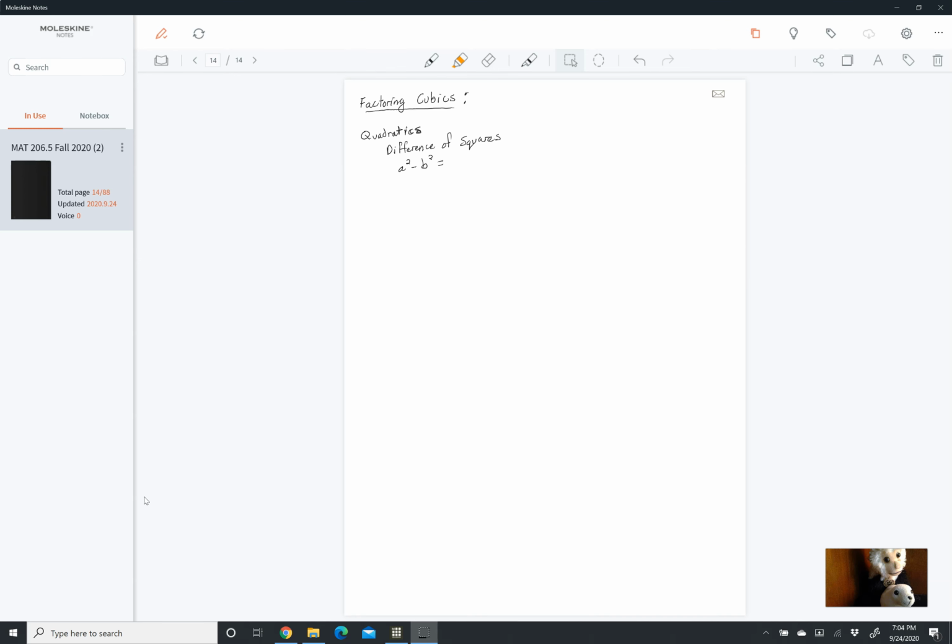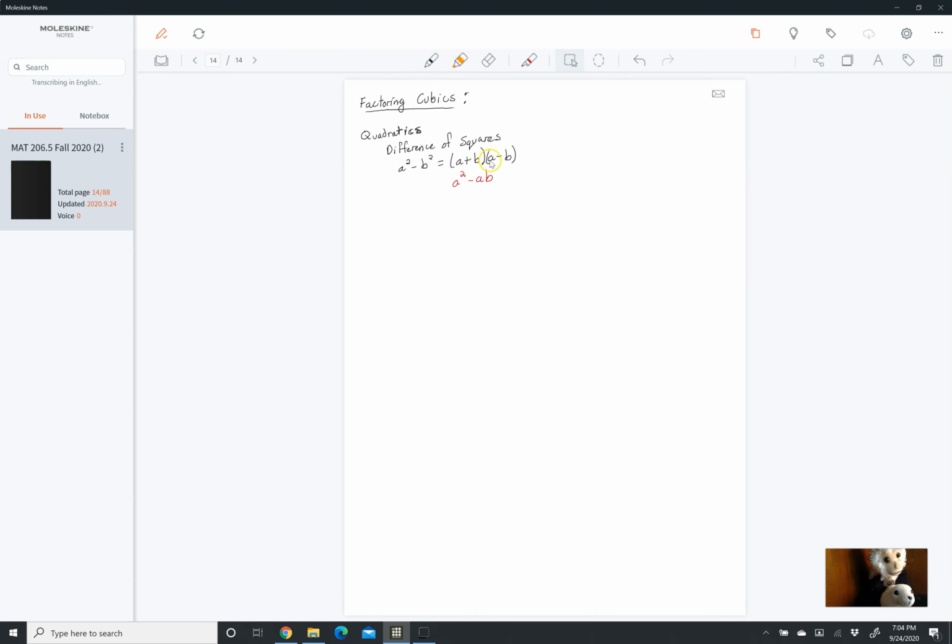Okay, and this factors to a plus b times a minus b. And if you don't see that right away, if we actually multiply this out, we get a times a, which is a squared. And then we get plus a times negative b, which is negative ab.